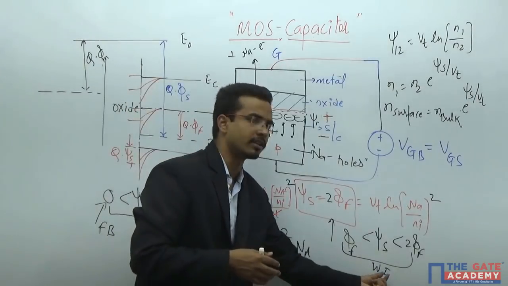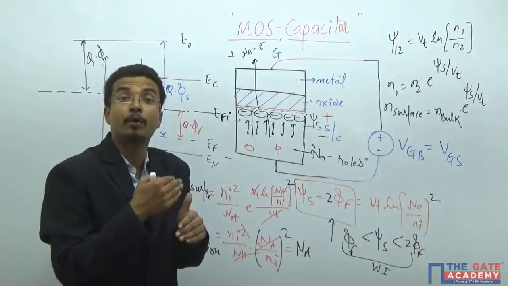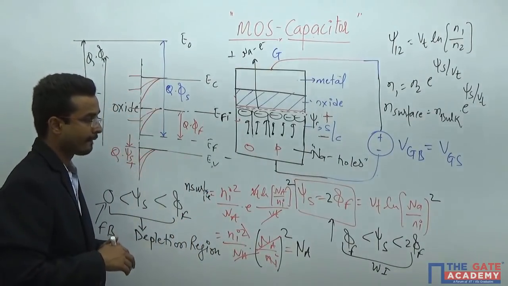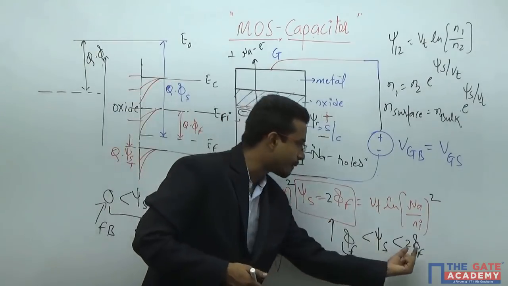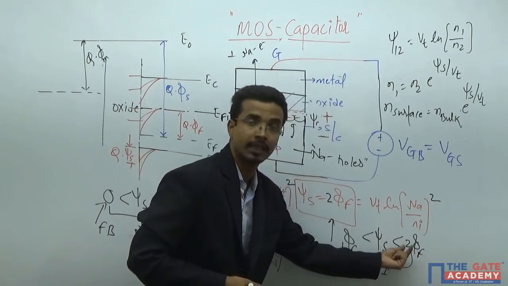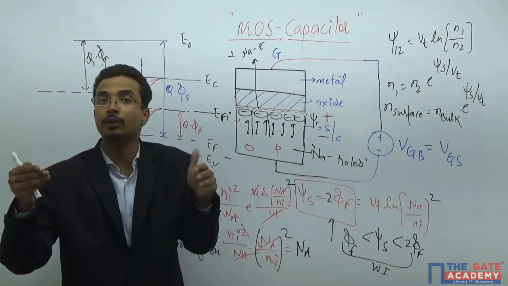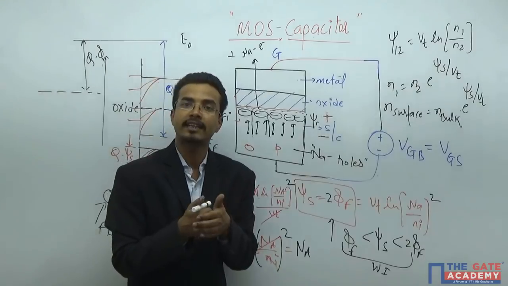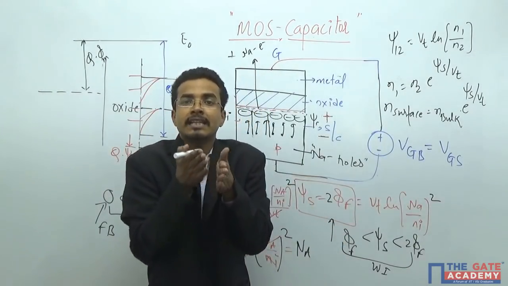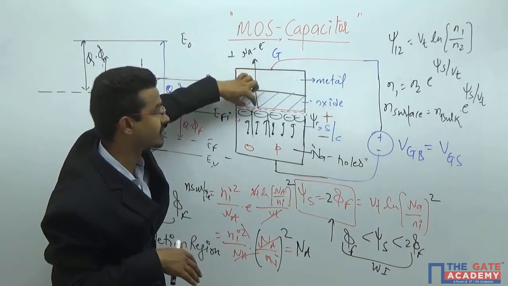The number is increasing but in very small amounts in the opposite type of polarity. The effective number you will get at this particular point, psi s goes to 2 phi f, is also known as the onset of strong inversion. That means from there you will get a significant amount of the opposite type of charges.